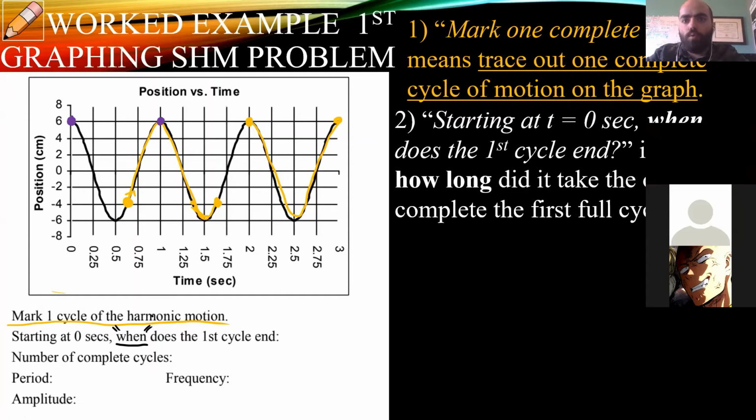So when does the cycle end? Well, we started at 0 seconds. We ended up at 1 second. So the cycle ended at t equals 1 second. And that also happens to be the period, right? That was the time that it took us to complete one cycle.